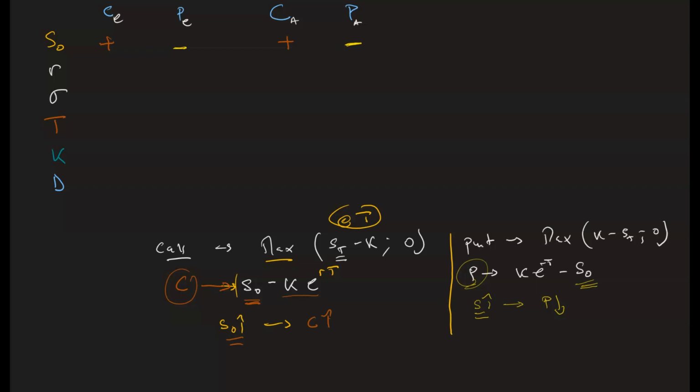Now, how about the interest rate? If the interest rate were to increase, what will happen here? Remember, here we're working with, actually it's a negative there, we're working with the present value factor. So if the interest rate increases, what that means is that the discount rate is going to be increasing, and if the discount rate is going to be increasing, the present value term here is going to be lower, and the lower the present value term, the lower this side of the equation.